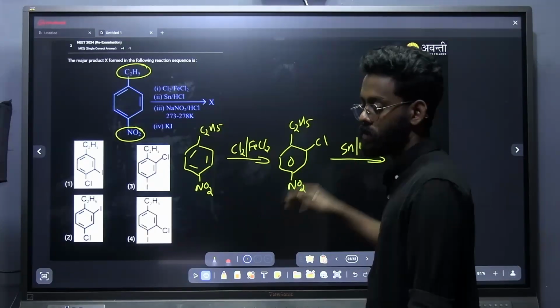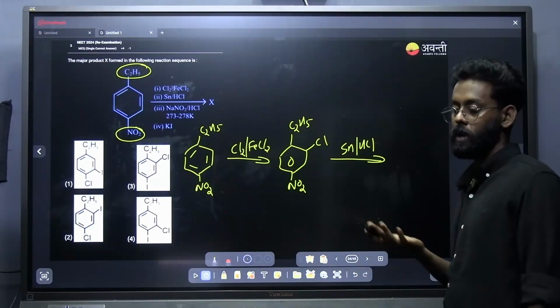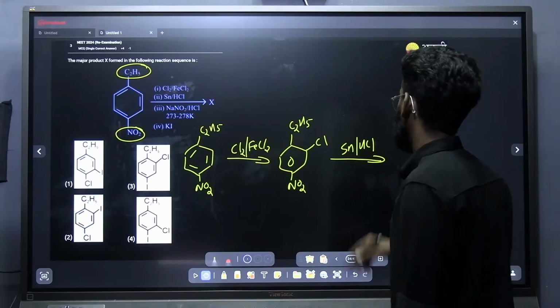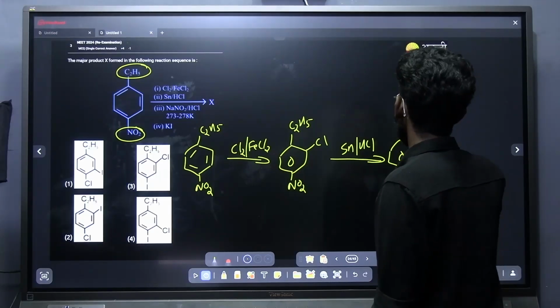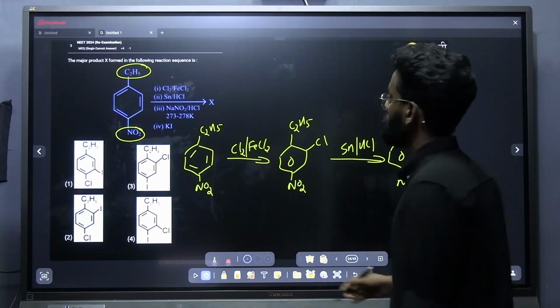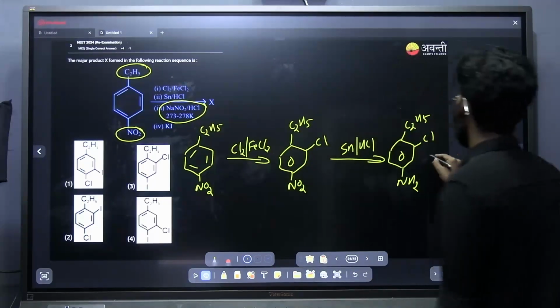It is a reduction, not the hydrogenation. Hydrogenation uses Raney nickel or platinum or palladium catalyst. Here the reduction happens by using tin and HCl, reduction to aniline, C2H5, Cl and NH2.